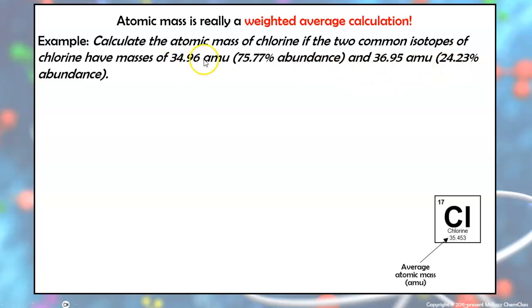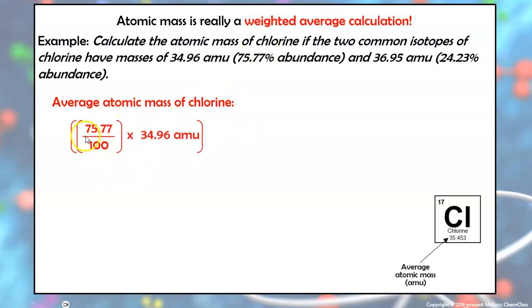This is telling me that if I were to round this number, this isotope is chlorine 35, whereas this isotope, which I round up, would be chlorine 37. When I do my calculations, I'm going to calculate the average atomic mass. Same thing, I'm going to take this percentage, divide it by 100, or move the decimal 2 places, 1, 2.